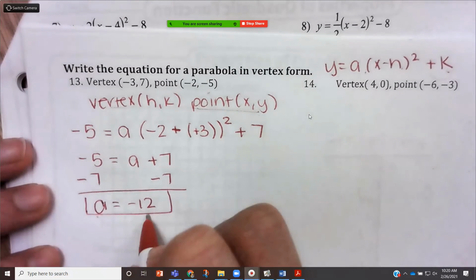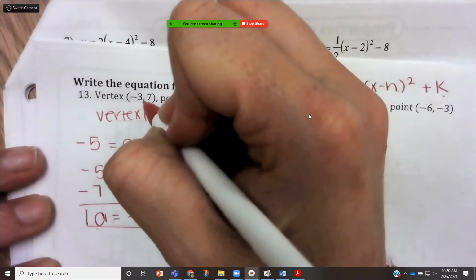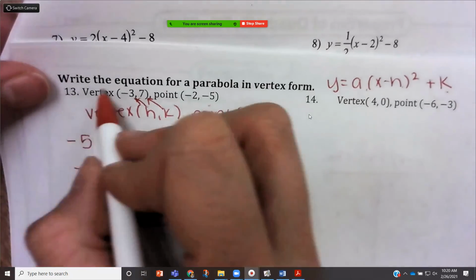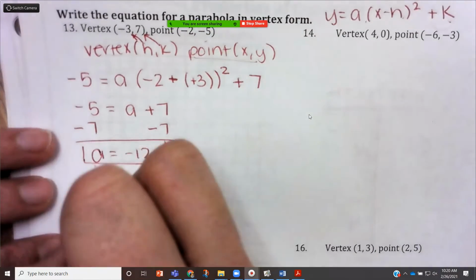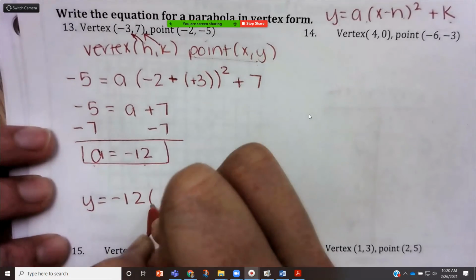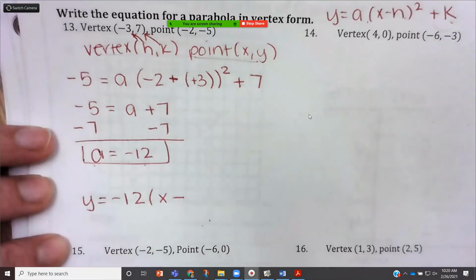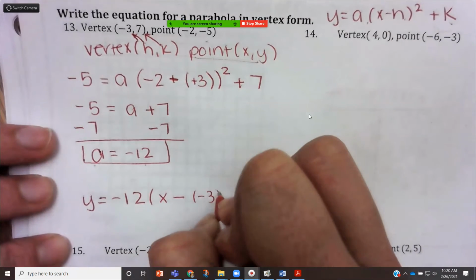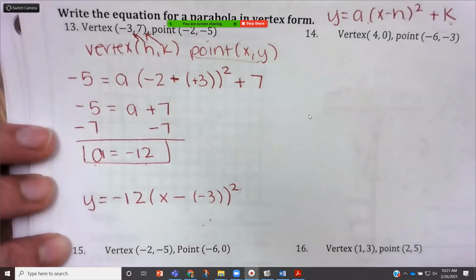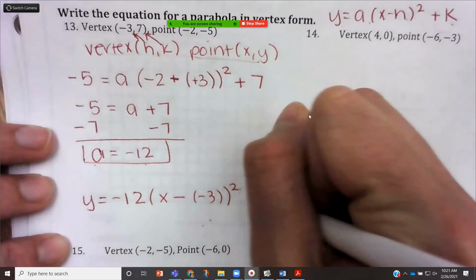So once I know a, I also know h and k. So to write the equation, I'm going to fill in the a I found, x minus the h I was given, squared, because that's what makes it a quadratic, plus k.